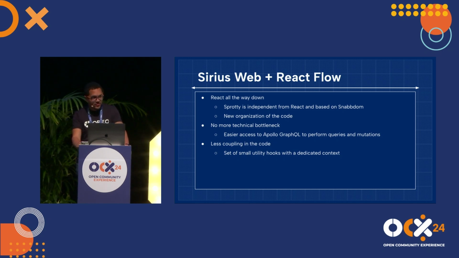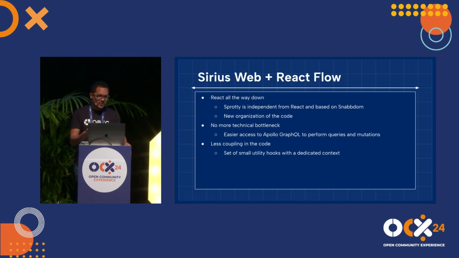So what was nice with React Flow is that we had React-based code all the way down. Sprotty, as a framework, is independent from React and based on a JSX-like solution named SnabbDOM. It can be a great choice for Sprotty to be independent from React, to be reused in various contexts, but we are using React code in every single part of our front end.